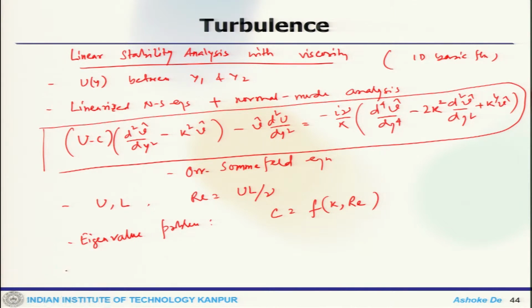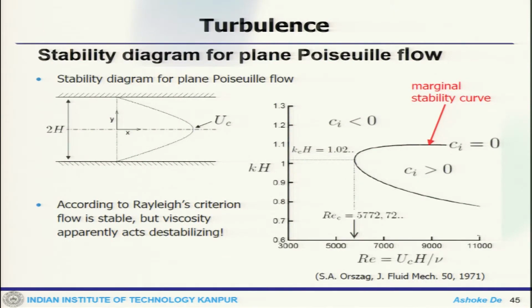So, my critical Reynolds number, R critical, is the lowest possible Re number for which c_i would be positive. So, that is my critical Reynolds number. So, we can look at it for plane Poiseuille flow.